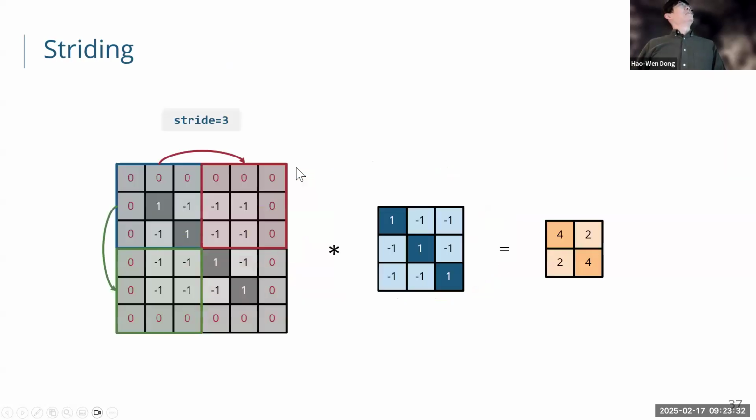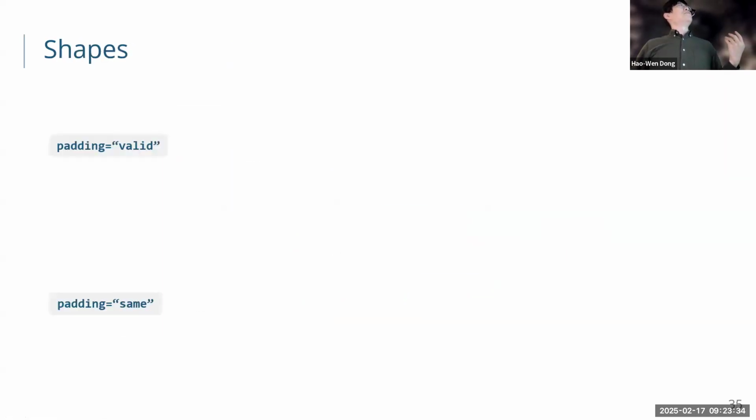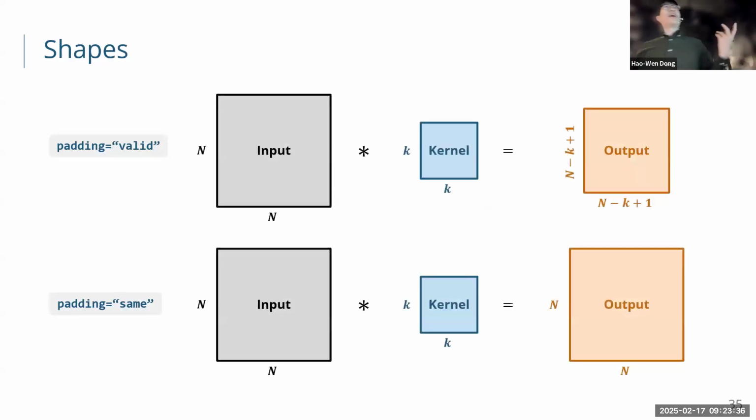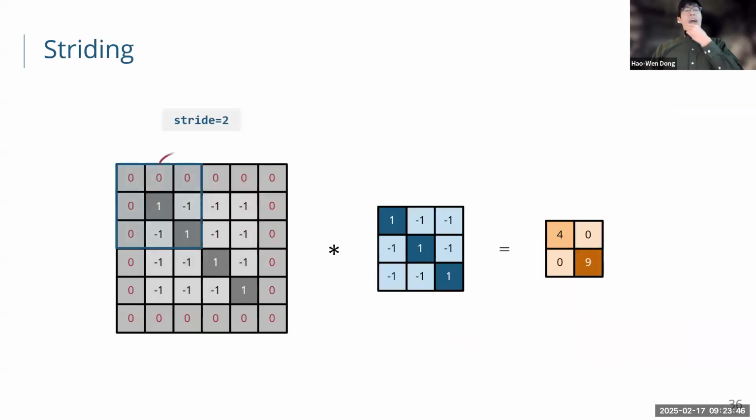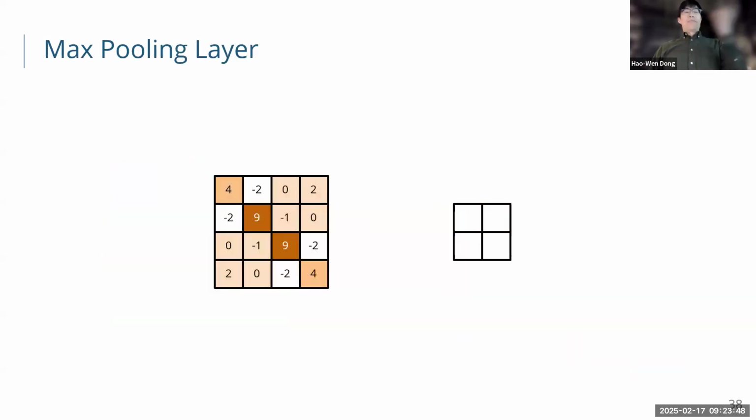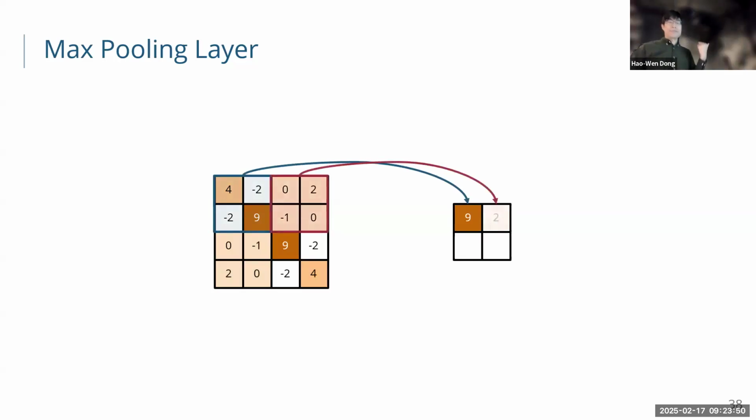In the convolutional layer, we do whatever shape using stride equal 1 and padding equal same, so the output doesn't change size. If it's 64 by 64, it will still be 64 by 64. And the max pooling layer will downsample it by half.